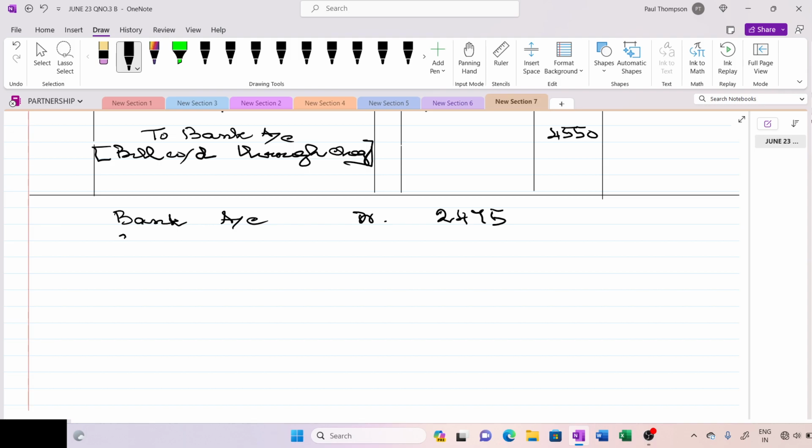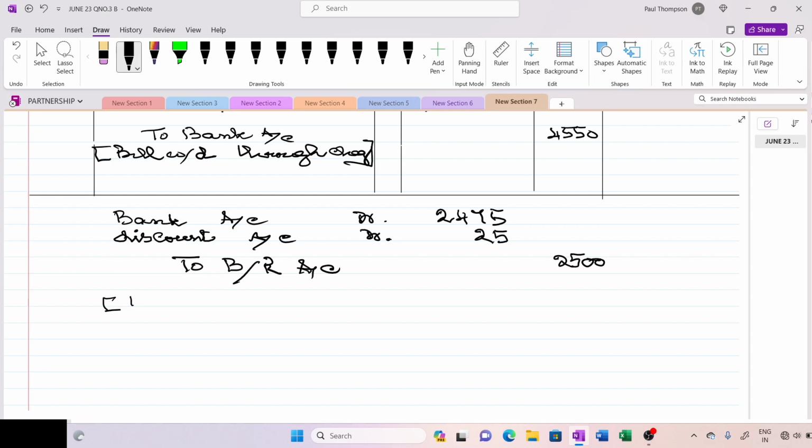And the discount is a loss to Karthik or an expense. So you can write it as discount account or rebate account. Both will do. Discount account debit 25 rupees. And now what will happen? This Doshi will ask for his bill. We have to hand over the bill to him. So bills receivable will go from Karthik. Bills receivable account will get credited by 2500.